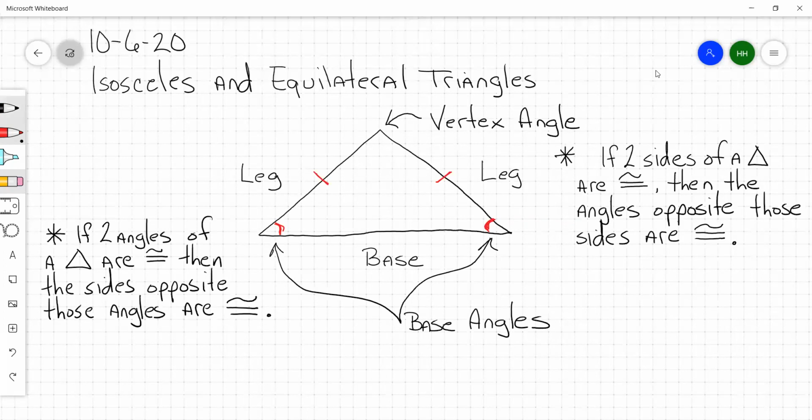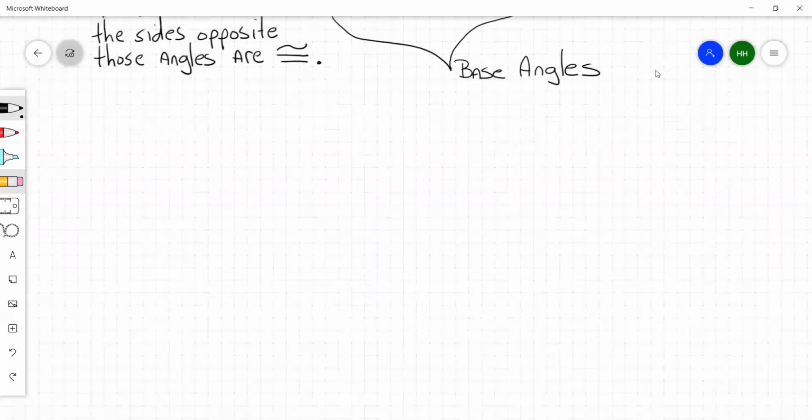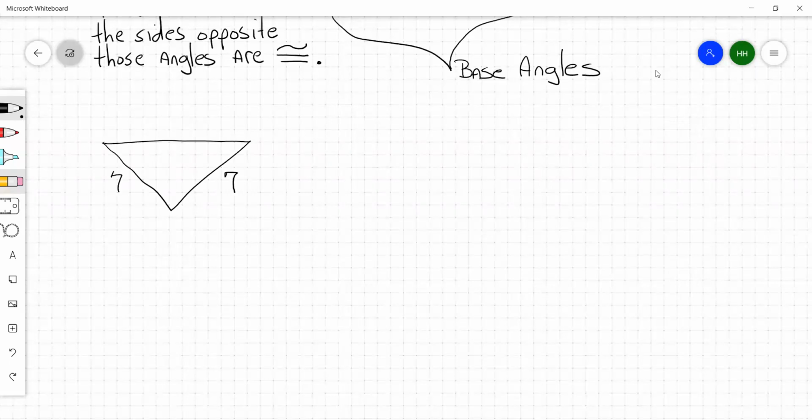So don't write this, just watch. You'll get a little bit more out of it if you just watch. All right. If I give you this picture and I ask you for the measurement of angle X, what's the measure of angle X down here?